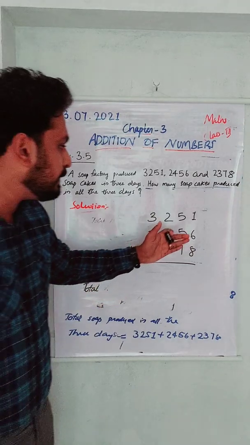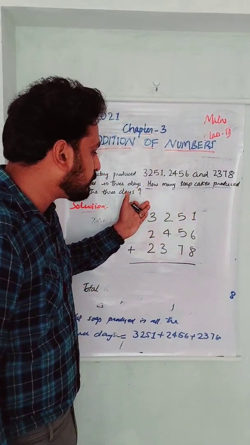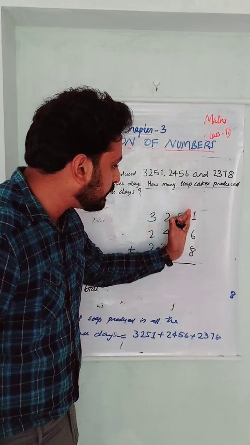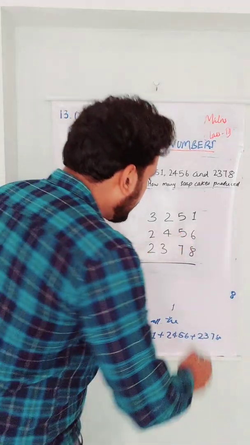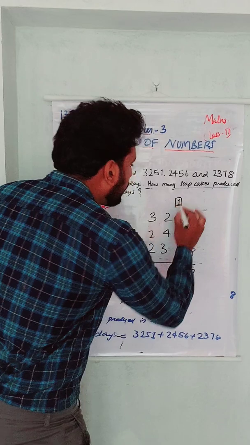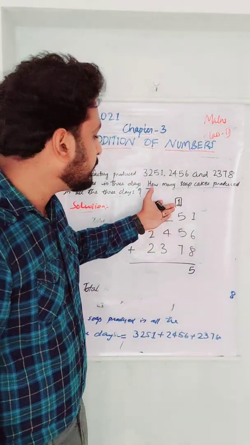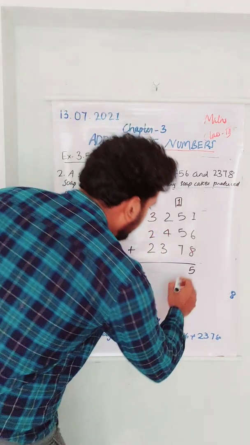Add these three numbers. Here 4-digit numbers, ones, tens, hundreds and thousands column. Let us add first ones column. 1 plus 6, 7, 7 plus 8, 15. 1 is carried forward to the next column. 5 plus 1, 6, 6 plus 5, 11, 11 plus 7 is 18.